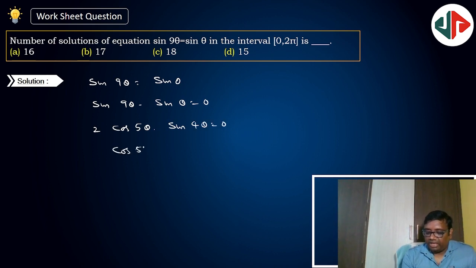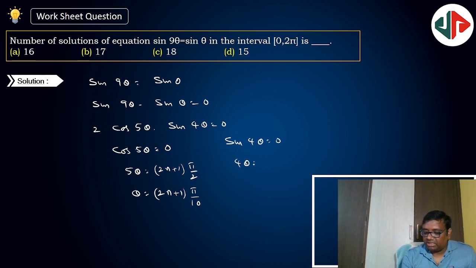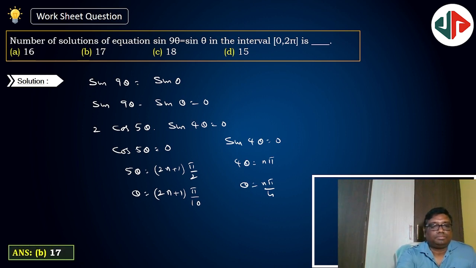So cos 5 theta is equal to 0 means 5 theta is equal to (2n plus 1) times pi by 2. So theta is equal to (2n plus 1) times pi by 10. Or sine 4 theta is equal to 0 means 4 theta is equal to n pi. Then theta is equal to n pi by 4. Right? For all possible values, totally 17 solutions will exist.